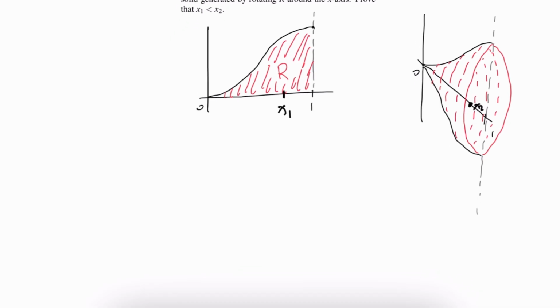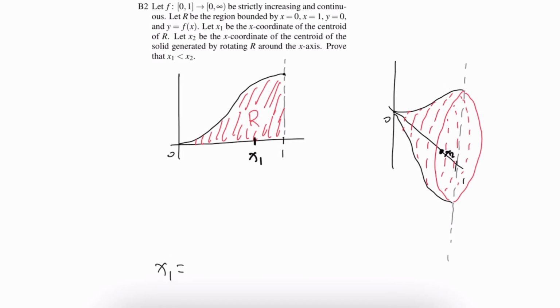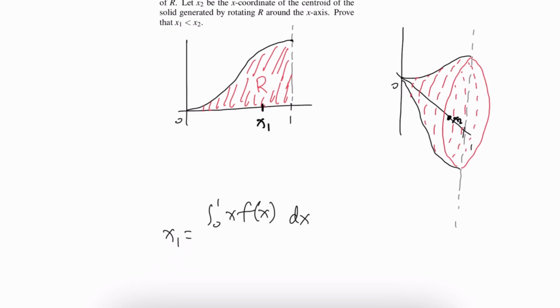In particular, for x1, x1 is the integral from 0 to 1 of each position times its weight, or f of x, because that's its height with respect to x. Then to make it a weighted average, we divide by the total area.